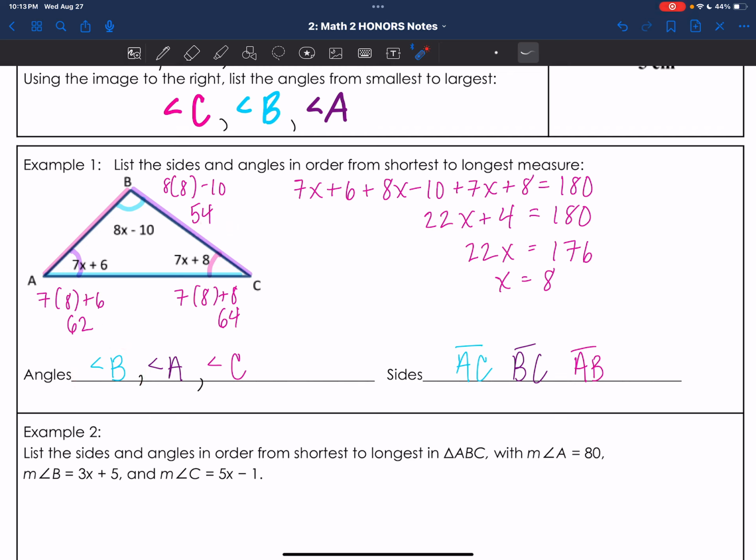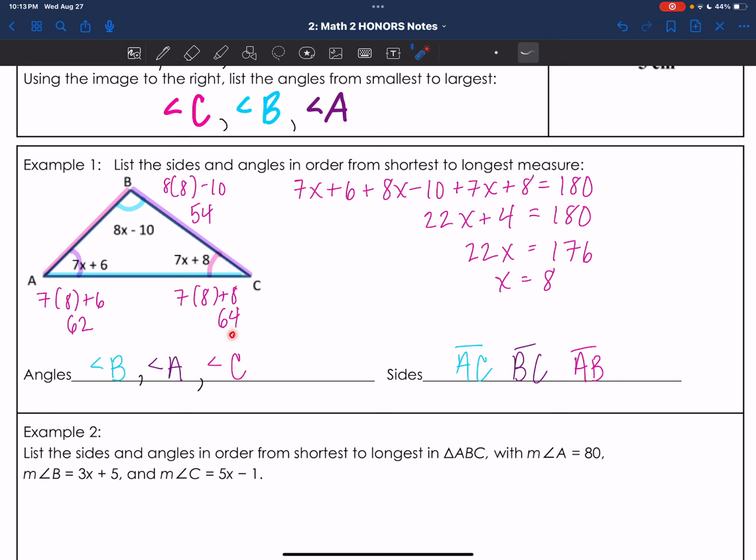Now, if this is the smallest angle, that means that AC is going to be the smallest side. The middle angle is going to be 62, which is A, and we know that angle A is with BC, so that's going to be the middle side.